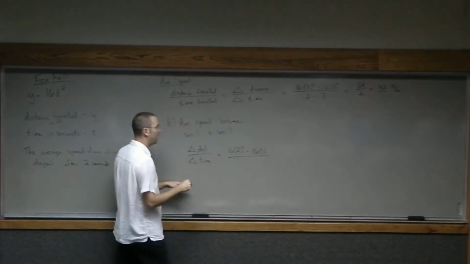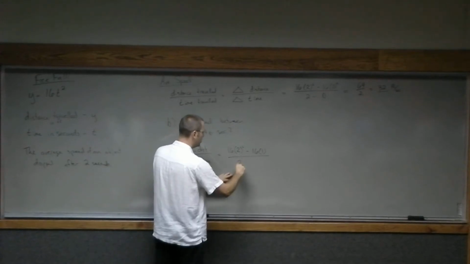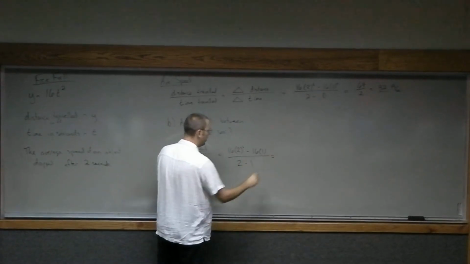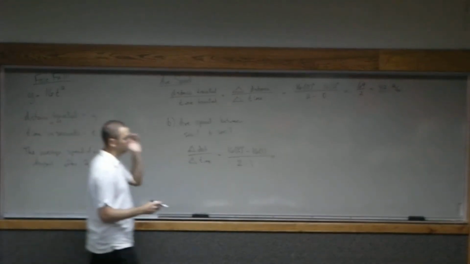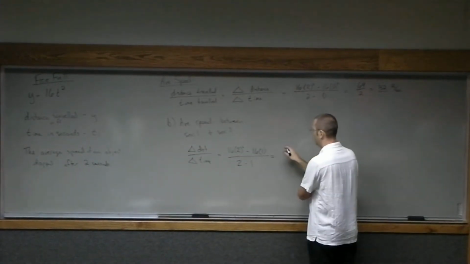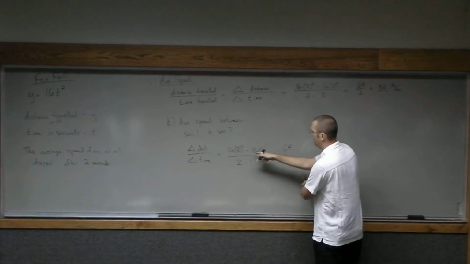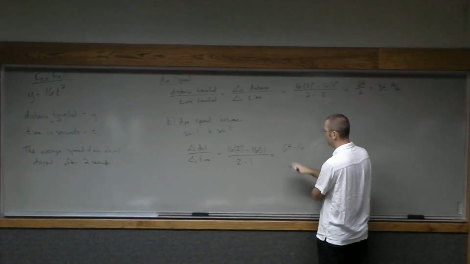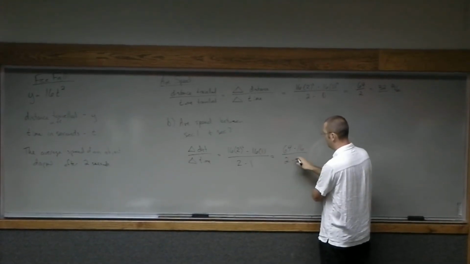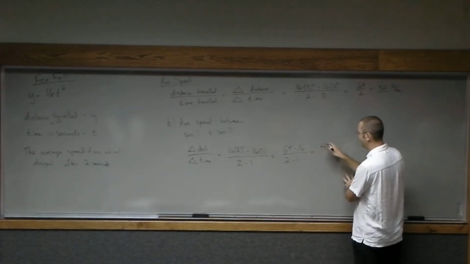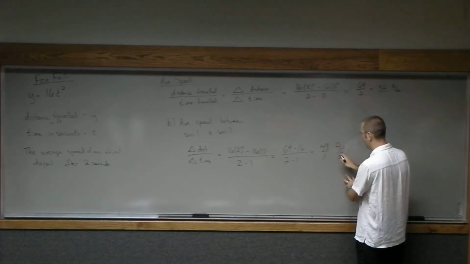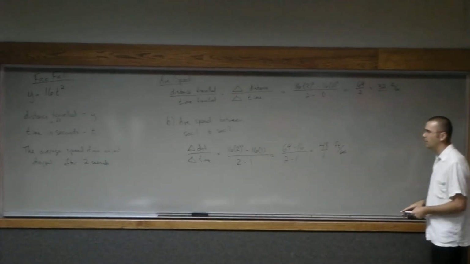And I'll divide that by the change in my time, 2 seconds to 1 second. If I do that calculation, what do I get? 64 minus 16 over 2 minus 1, which gives us 48 over 1, and again, in feet per second.